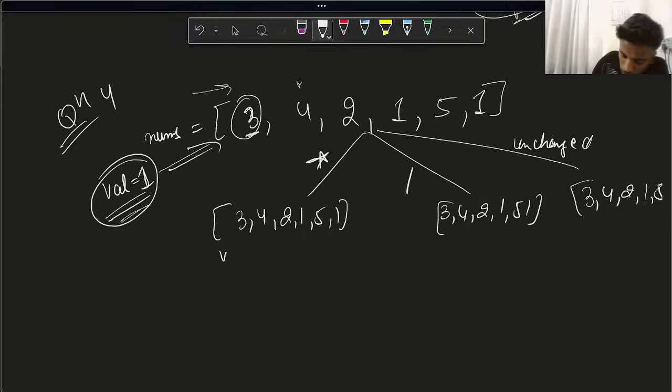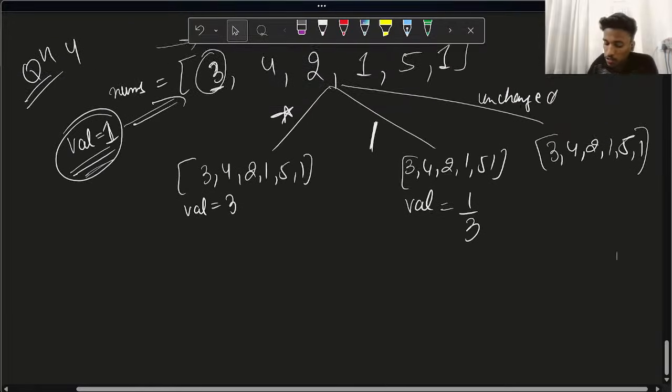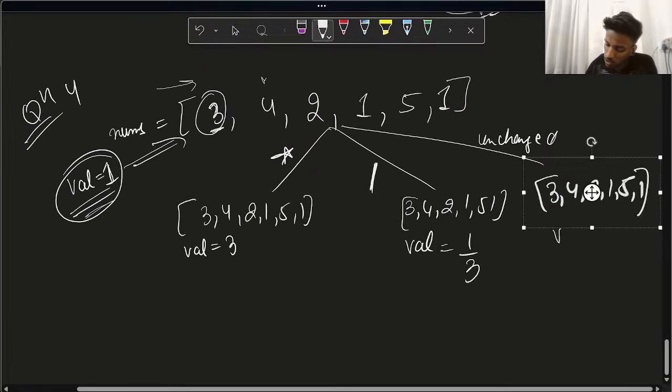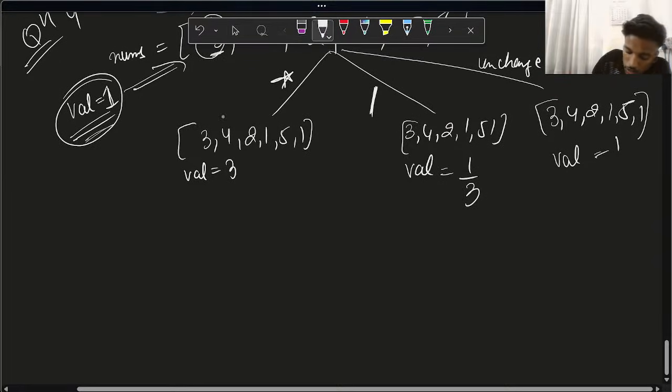If I multiply it by 3, val becomes 3. If I divide, it becomes 1 by 3. Since I leave it unchanged, val remains 1.